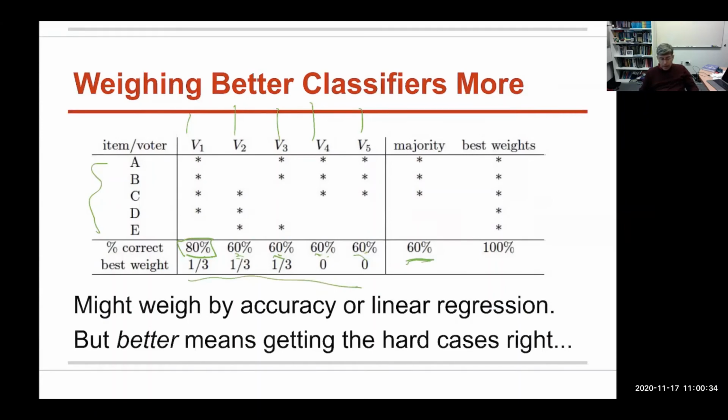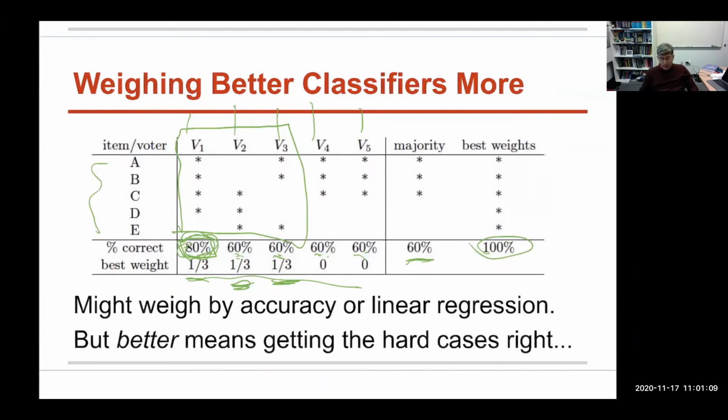Taking the best of the 3 was also not the right thing to do. It turns out that if you gave equal votes to the first 3 classifiers, where you gave the first one 1/3 of the vote, the second one 1/3 of the vote, the third one 1/3 of the vote, a classifier like that was able to get 100% of the labels right.